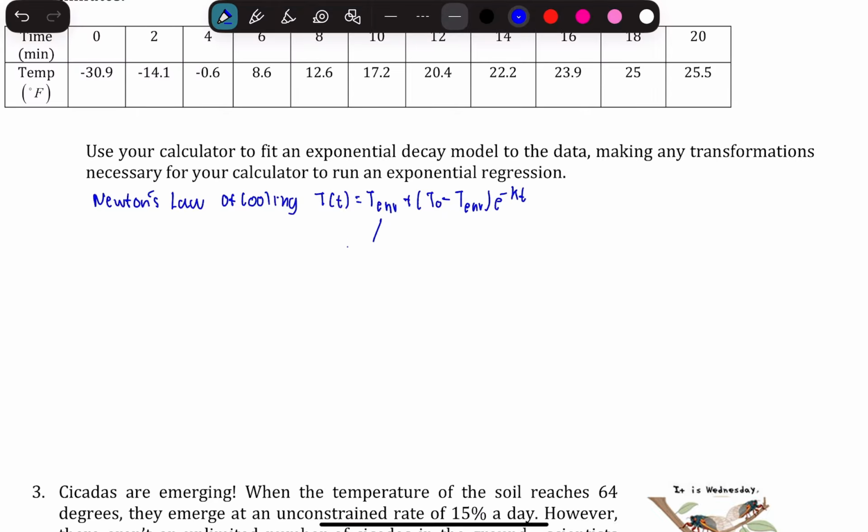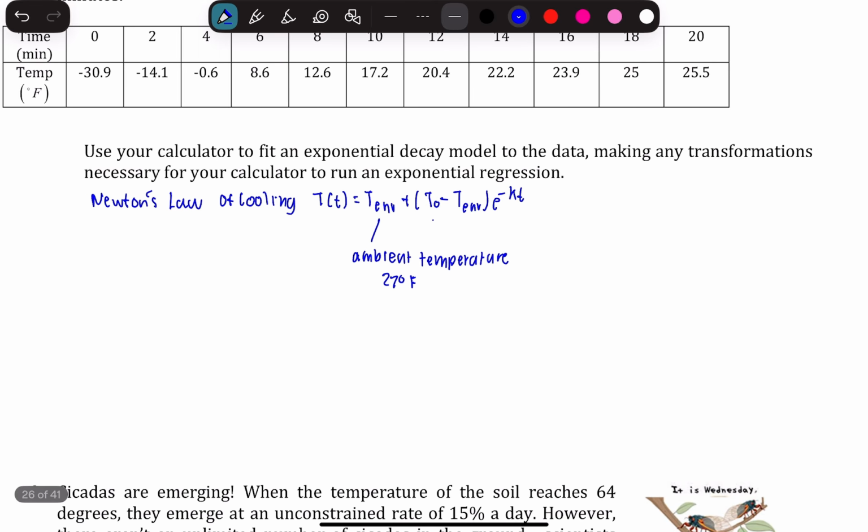T_E is the ambient temperature, which here is going to be 27 degrees Fahrenheit. T initial is the initial temperature. k has to be greater than 0, and this is also the cooling constant. And t is in minutes.